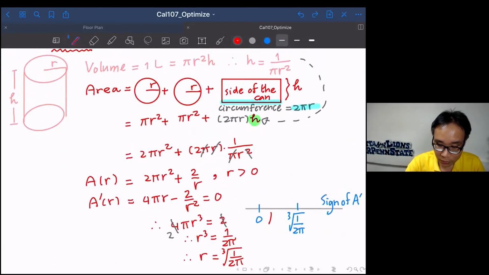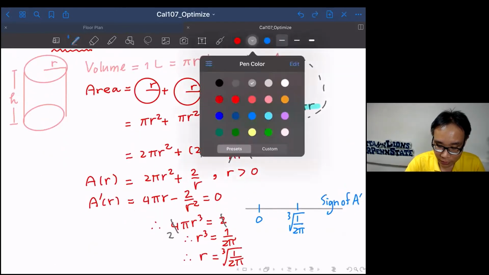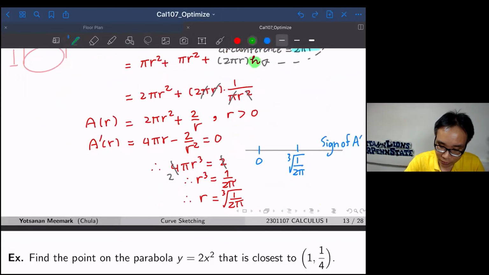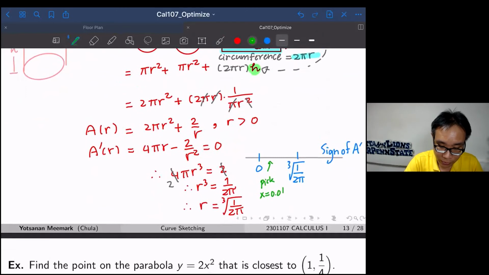Let me use another color, it would be clearer. So you pick x here. I don't know what this number is, but it's not that small. Let me pick x equal to 0.01, and you check the sign of A prime.